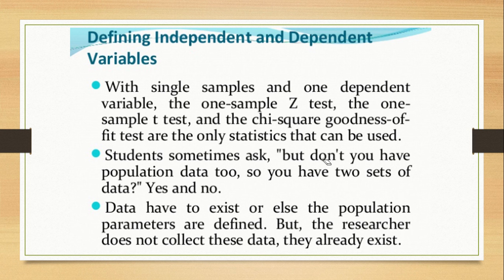So they sometimes ask, but don't you have population data too? So you have two sets of data? Yes and no. The answer here is yes and no. The data have to exist, or else the population parameters are not defined, but the researcher does not collect this data; they already exist.